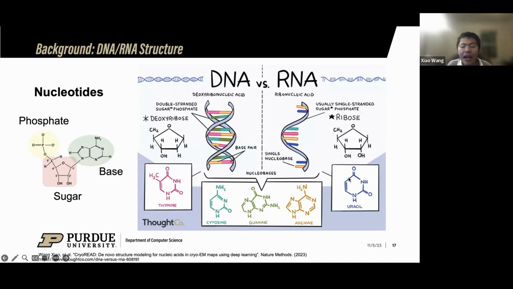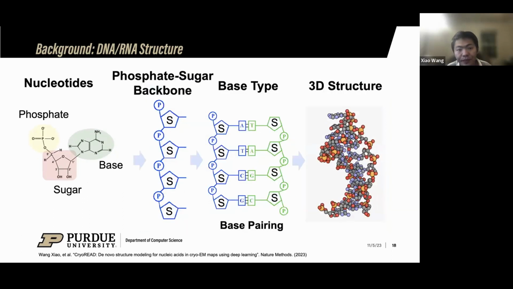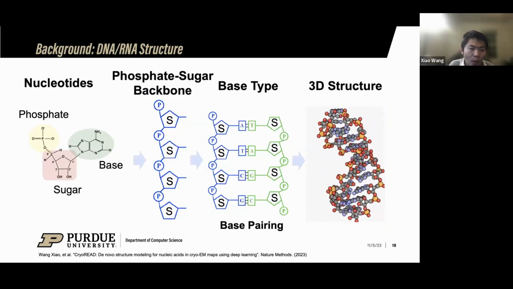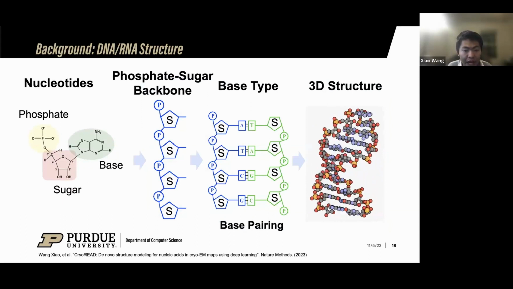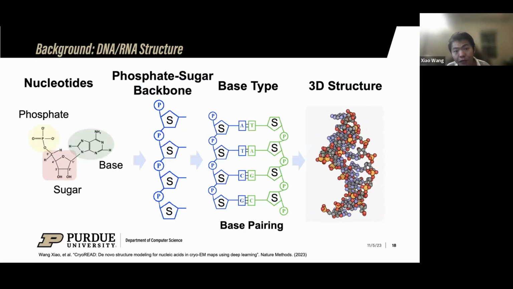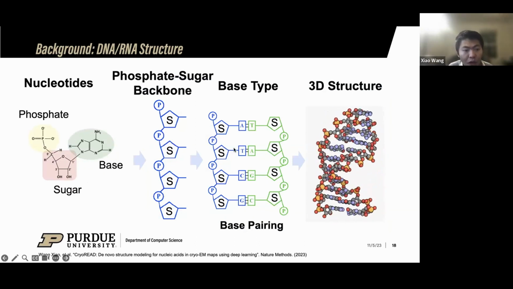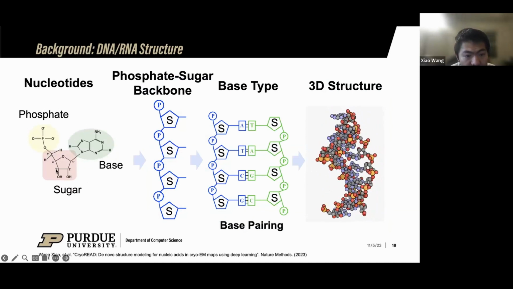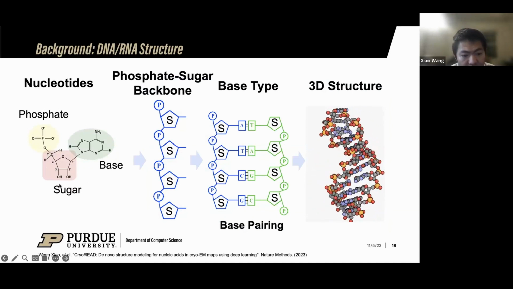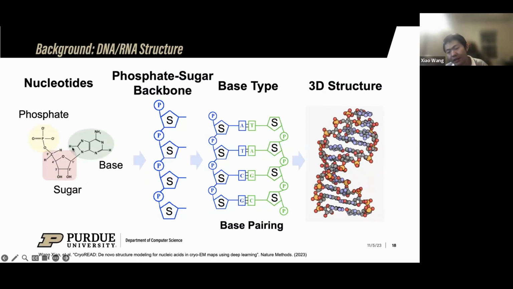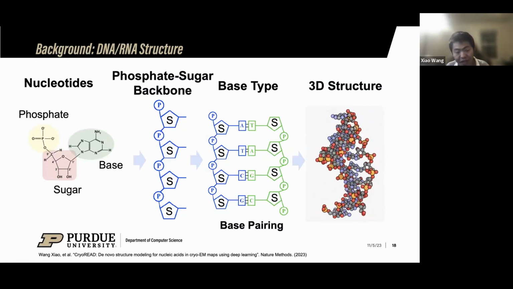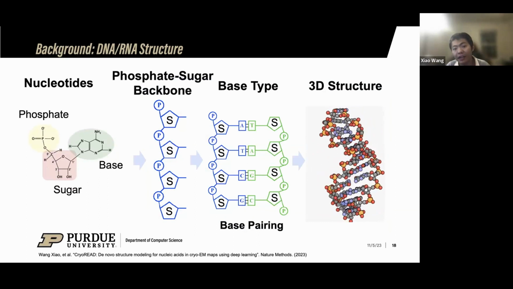So based on that, we can roughly treat DNA and RNA as the same category and do DNA and RNA structure modeling in the same direction. The basic components of the nucleotide connect together to form the phosphate-sugar backbone through a dehydration process, in which the oxygen and the oxygen in the sugar concatenate, and two consecutive nucleotides can connect together.